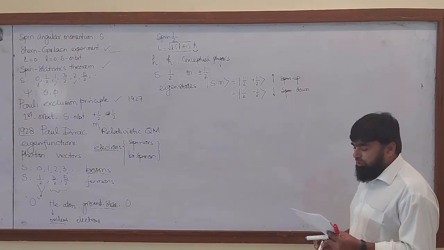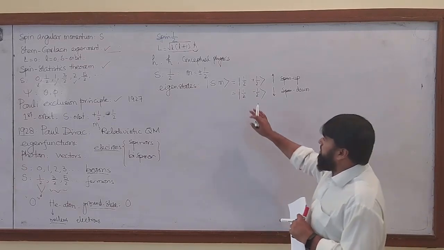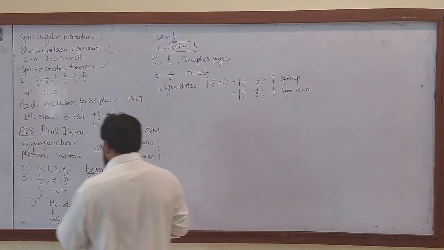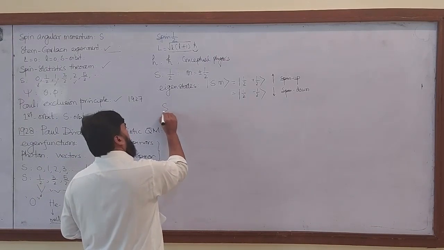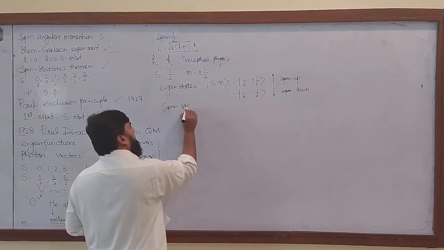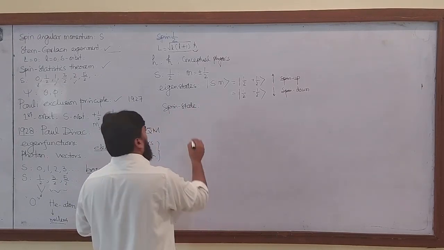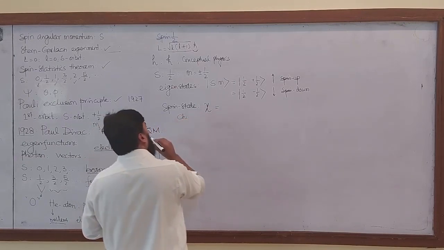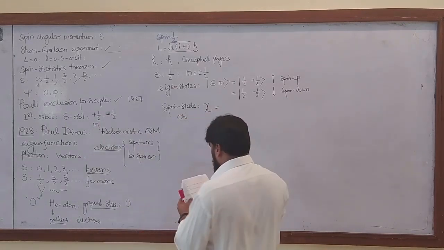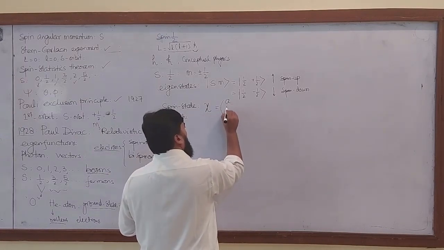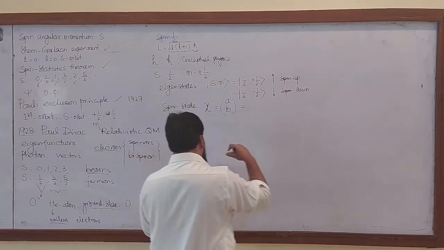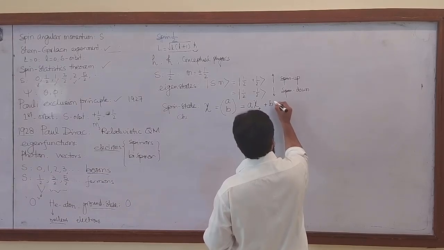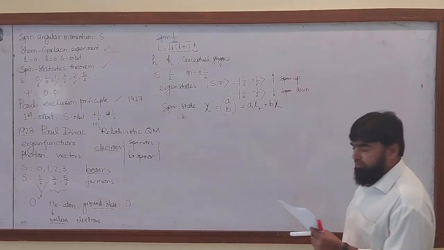So these will be our eigenstates, and now I will go to the spin state of this system. Let's say the spin state of this system I write as chi. Chi is equal to (A, B), and further I can split this as A chi plus plus B chi minus.